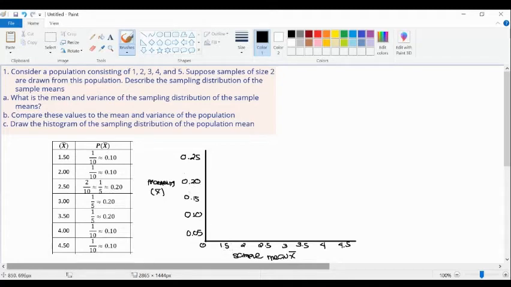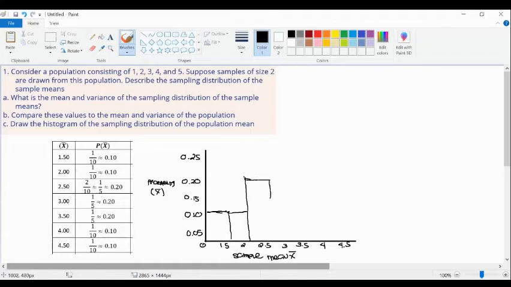So for the sample mean of 1.5, we have the probability of 0.10. Same as sample mean of 2, we also have 0.10. However, for the 2.5, we have the probability of 0.20.